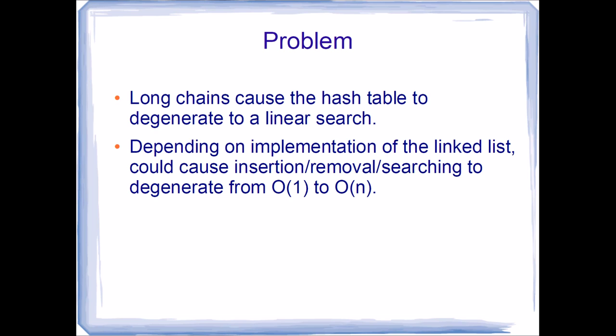This is because as the chains grow longer and longer, the amount of operations that need to be performed to identify the insertion point or the node to be removed, or to determine if the key is within the chain, will begin to depend on the number of nodes in the chain, right? And any time you have a situation where performance depends on the number of items within a set, that leads us to a big O of n situation.